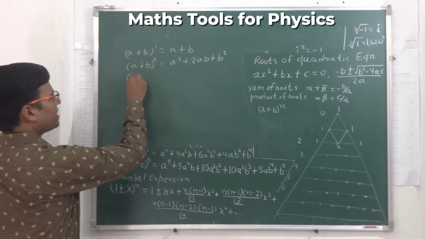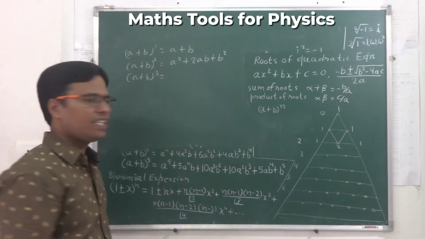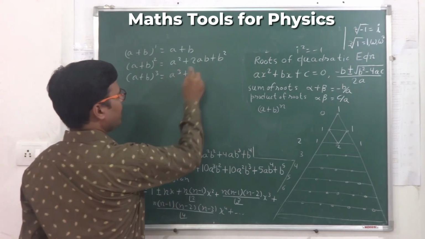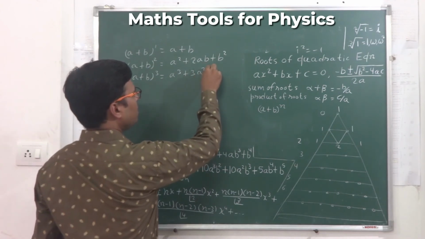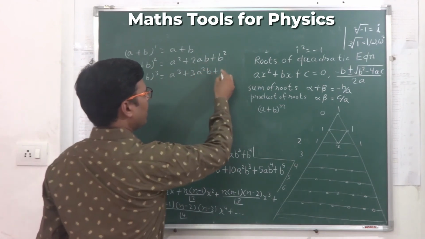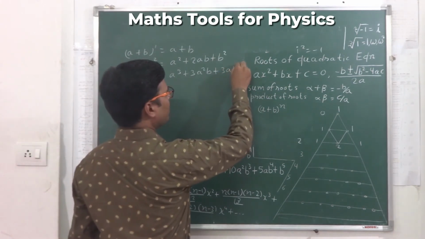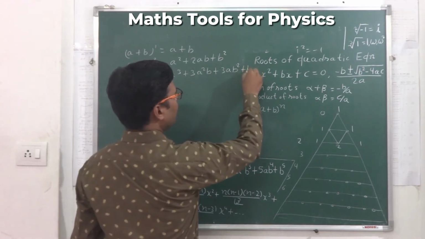If we want to get (a+b)^3, its expansion will be a cubed plus 3 with lesser power of a, that is a squared, b, again 3 with lesser power of a and greater power of b, that is b squared, plus b cubed.